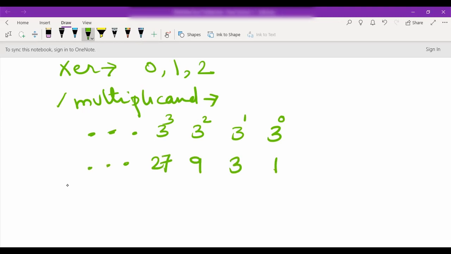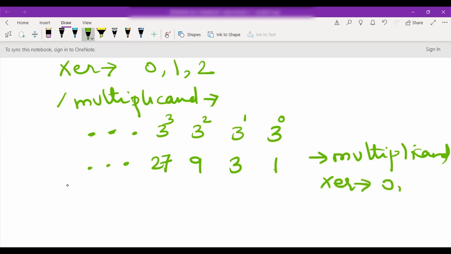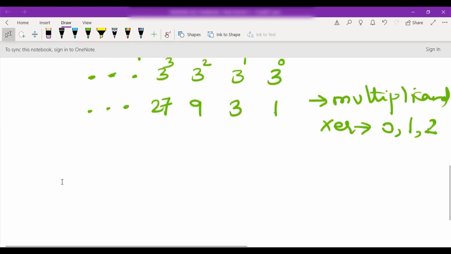Now, for generating the decimal number, these are the multiplicands, and we are having multipliers in the form of bits. What are the bits which are the multipliers? The multipliers are 0, 1 and 2. Now I want to generate number 0. So how will I get number 0?